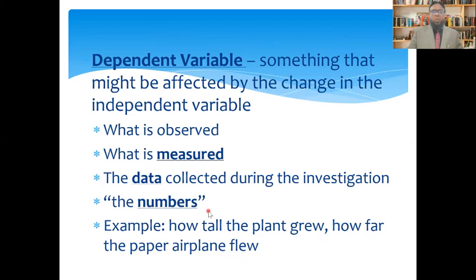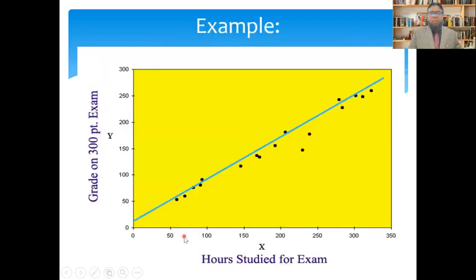Now come to the next slide: hours studied for an exam and grades on a 300-point exam. On the y-axis you can see a total of 300 points, and on the x-axis the number of hours studied. If a student studies 50 hours, the grade might be almost 50.